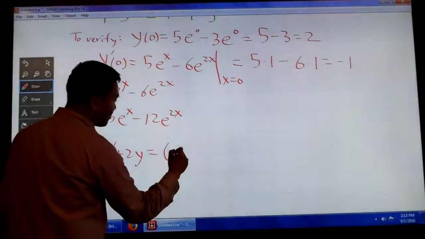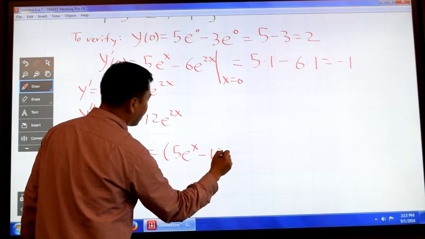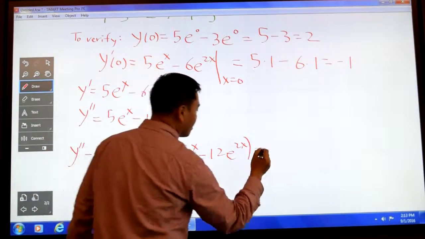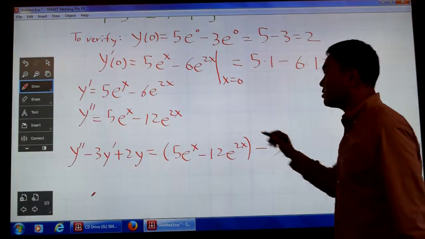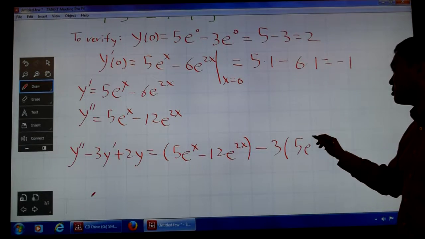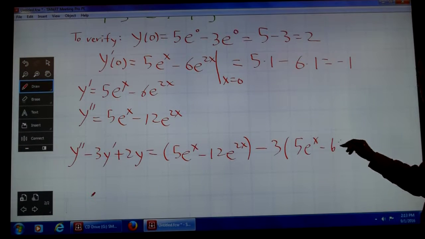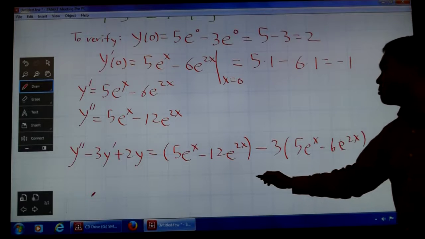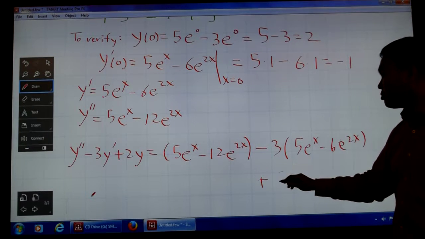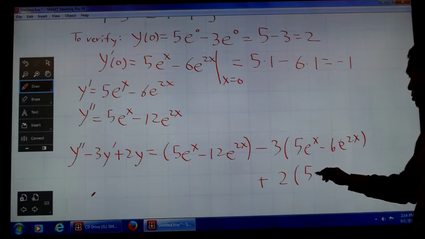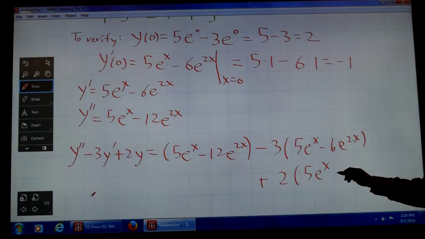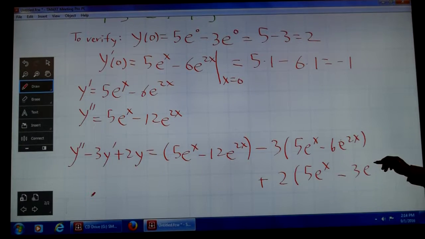It's 5e to the x minus 12e to the 2x. Minus 3 times y prime, which is 5e to the x minus 6e to the 2x, and then plus 2 times the original, which was 5e to the x minus 3e to the 2x. And then just multiply and combine the like terms. You'll see that it's true.